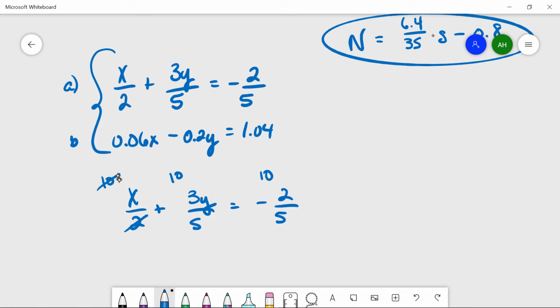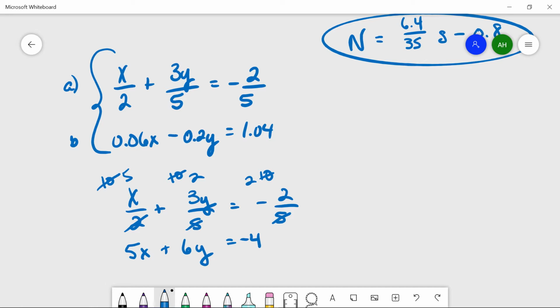So this 2 and this 10 are going to cancel out to be 5. The 5 and the 10 cancel out to a 2, and the 5 and the 10 will also cancel out to a 2. So 5 times x will be 5x, plus 2 times 3y is going to be 6y, and this is going to equal negative 4.